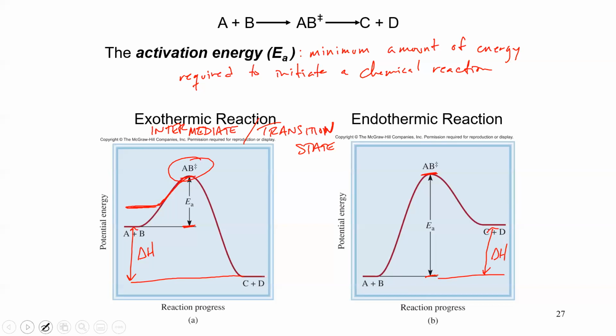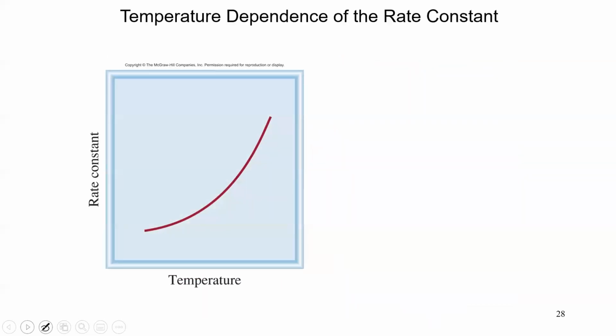Right? And so let's take a look at how activation energy and the rate constant are related to temperature. So this is a very generic plot. It's an exponential increase, right? And so the equation that we're going to use, the equation that fits this plot, is that the rate constant K, so it's our Y, right? The rate constant K is equal to some constant, or another constant, right?